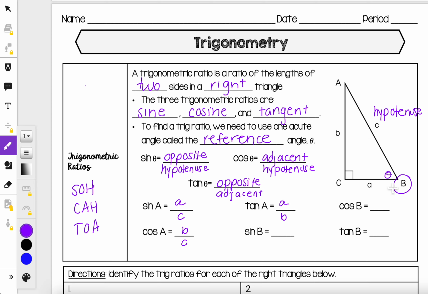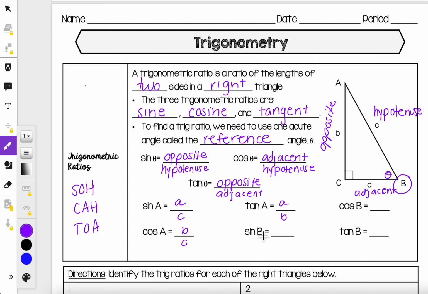But the opposite and adjacent sides are going to change because now this side B is opposite your angle B, and this side A is your adjacent side to reference angle B. So it's important when you name your reference angle, I usually like to circle it, and then I label my sides as my opposite, adjacent, and hypotenuse.